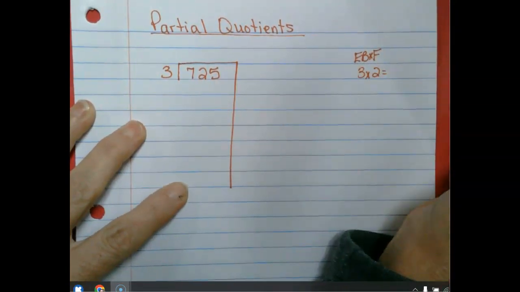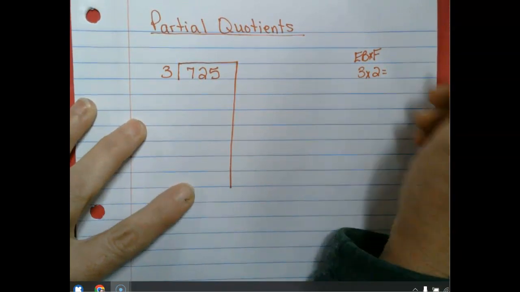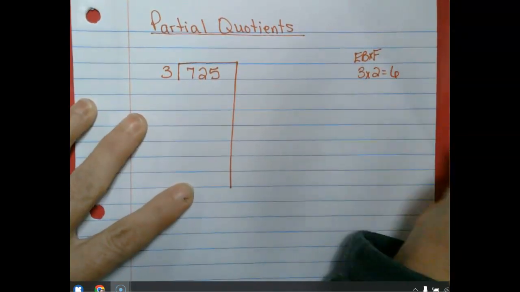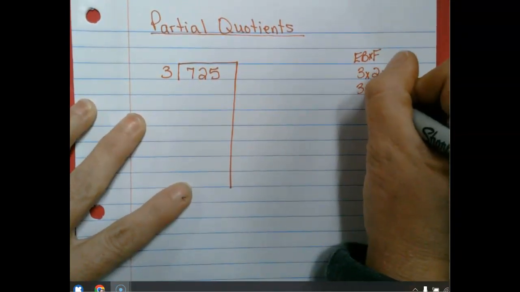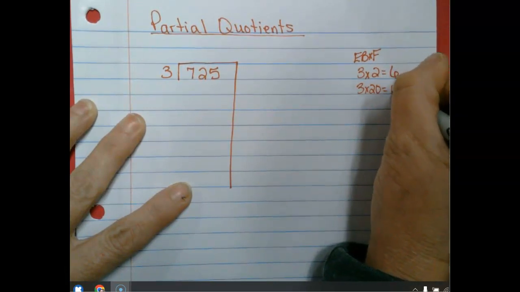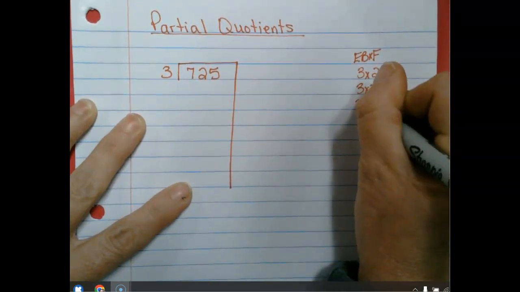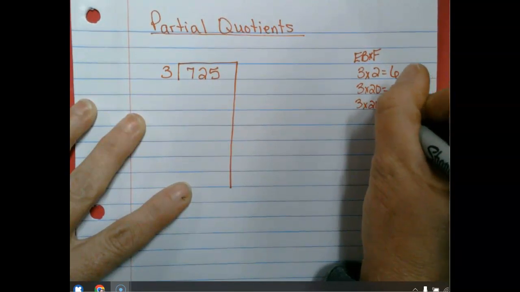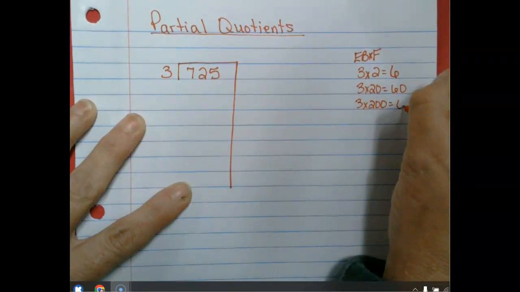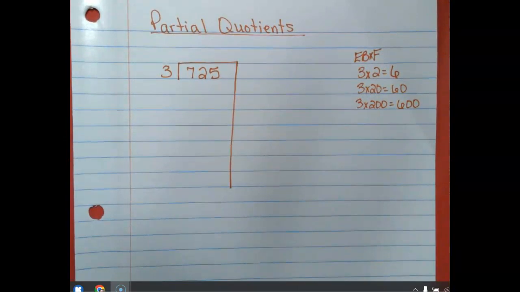Because we know that's easy and we've already done this, so it shouldn't be that hard. 3 times 2 is 6. So I know that 3 times 20 is 60. And I know that 3 times 200 is going to be 600. Okay? And look how close 600 is to 725. All right, so we're going to go ahead and use that one.